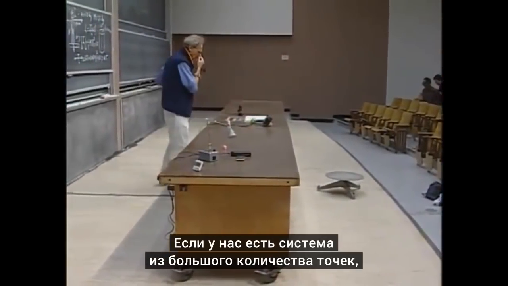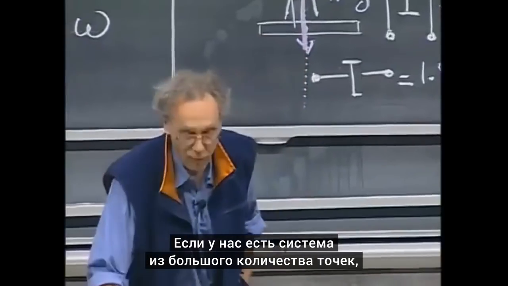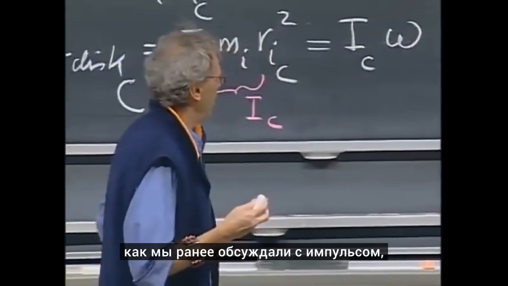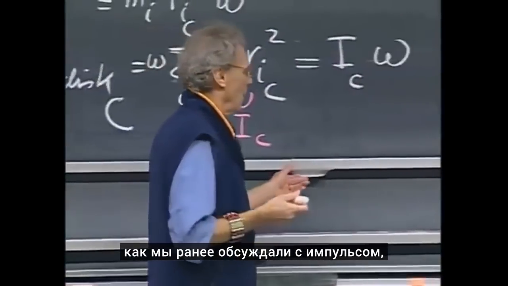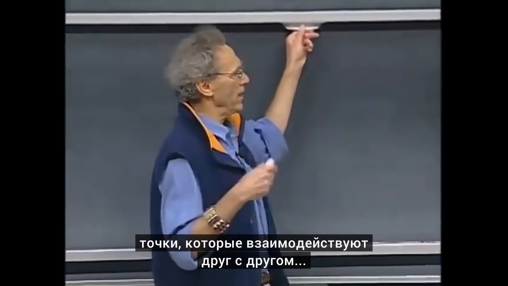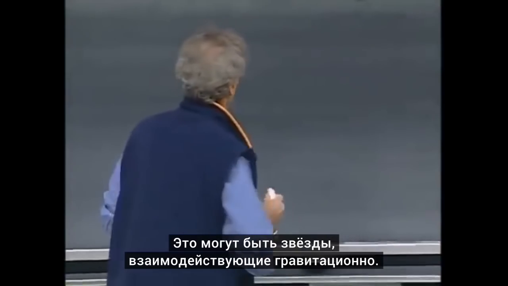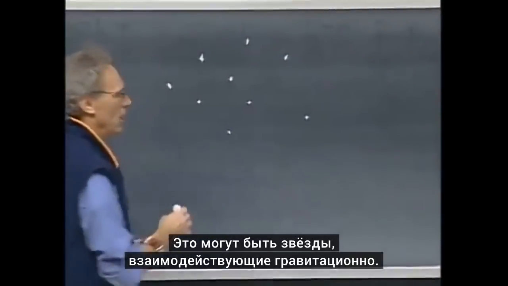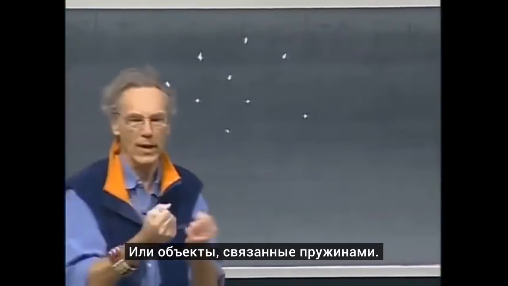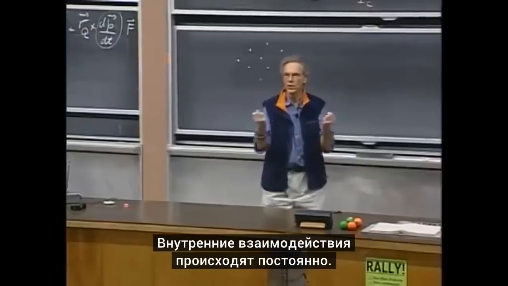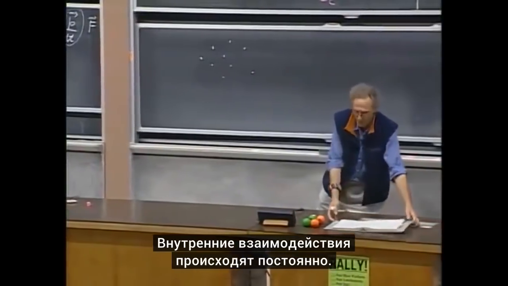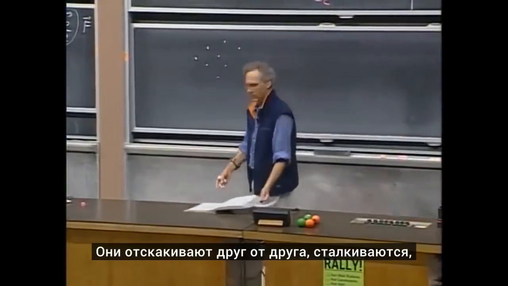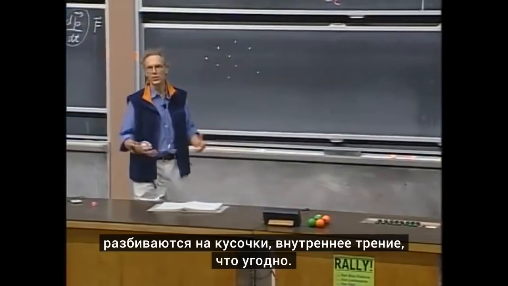If we have a collection of many points, like we earlier discussed with momentum, points that interact with each other. It could be stars who gravitationally interact. Could be objects which I connected with springs. They have internal interactions which go on all the time. They bounce off each other. They collide. They break up in pieces.